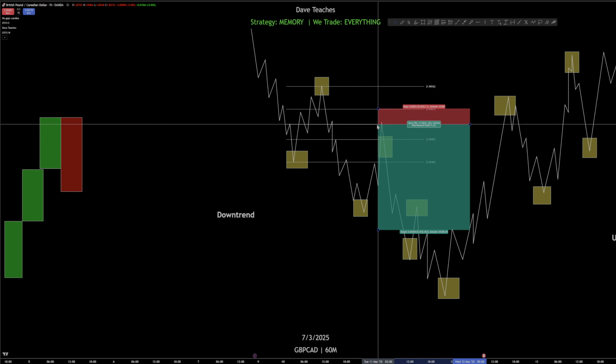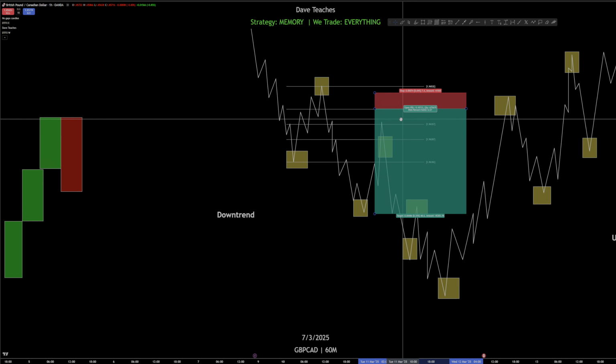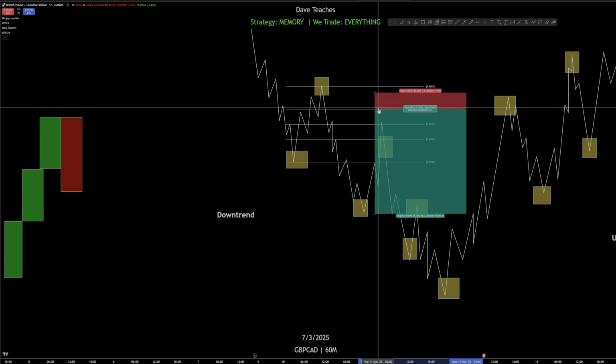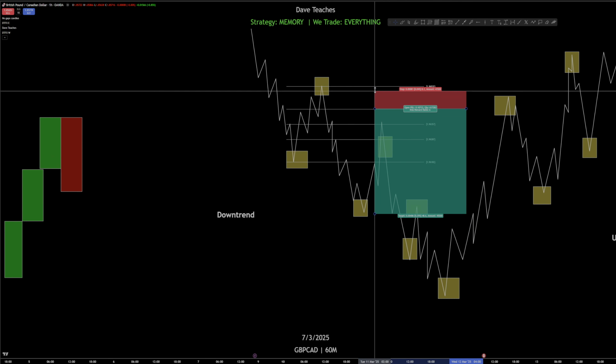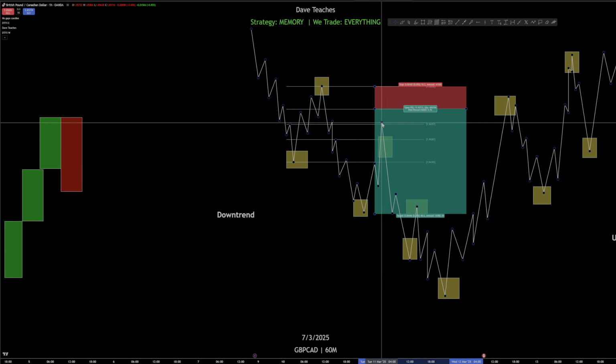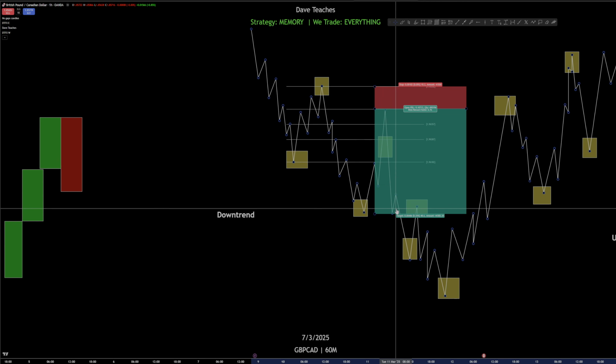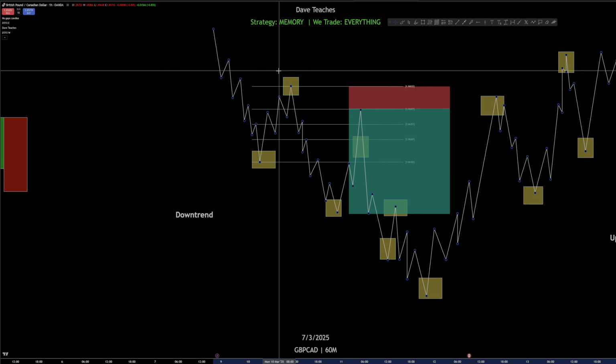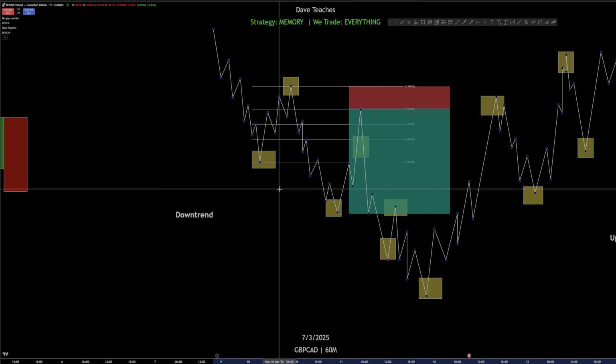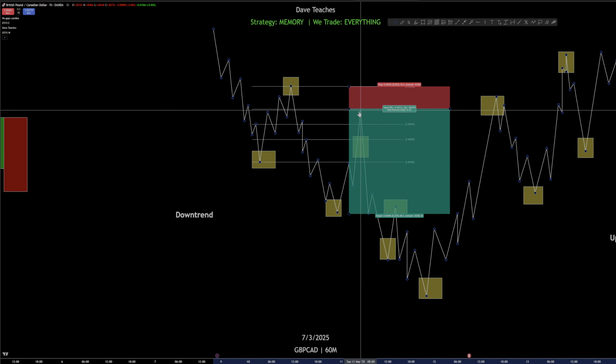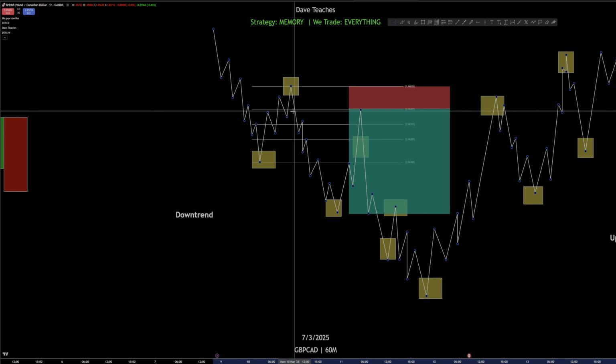There are times where it may reject from the 50. There are times where it may come all the way to the 70 right here. And that would be where your stop is behind here, and then actually make its way back down. Now, the models will give you an idea of where price is particularly going when it gets back into the zone.